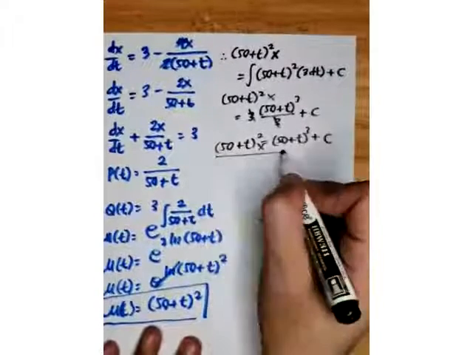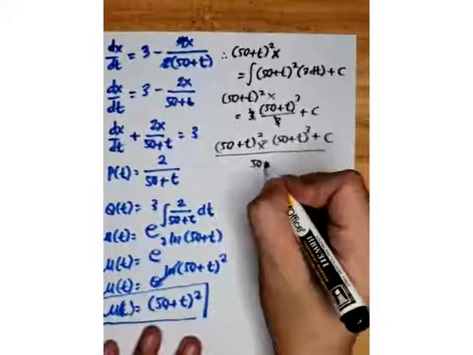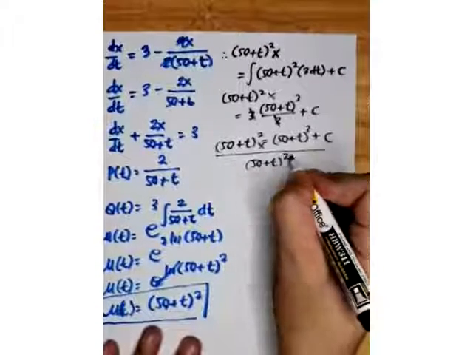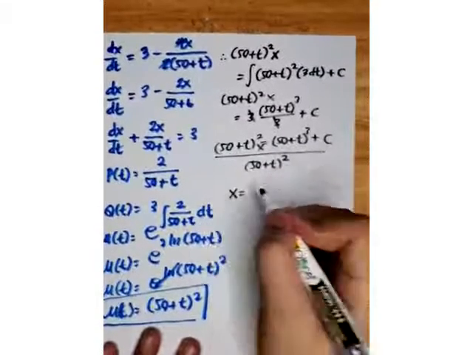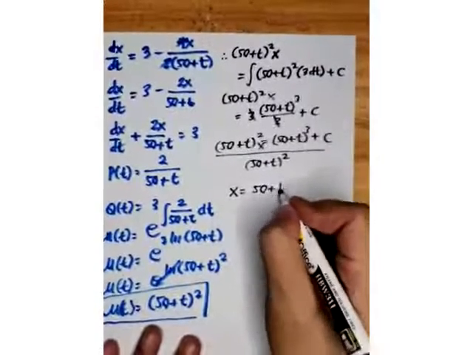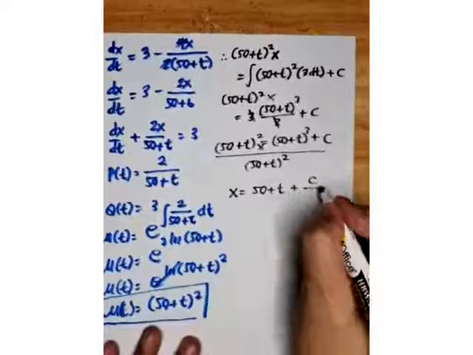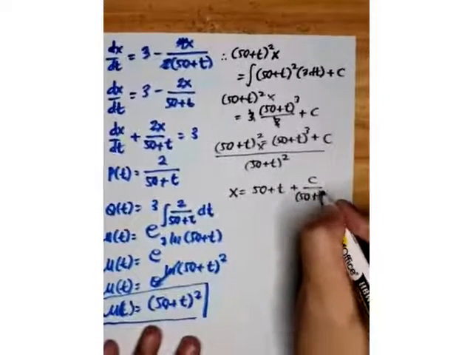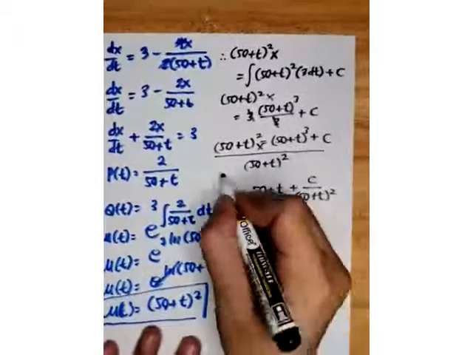Okay, so divide this by 50 plus t squared, para mawala natin siya in terms of x. So x is equal to, divide natin ito, mga cancel, isa na lang, 50 plus t plus c over 50 plus t squared.